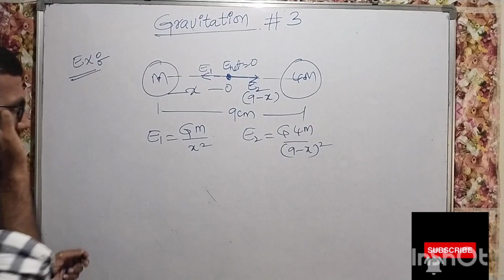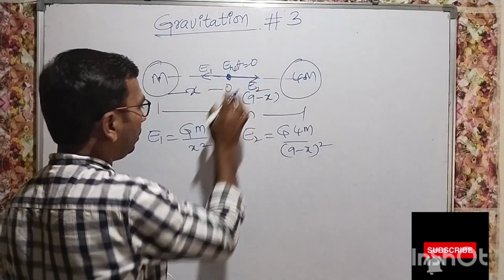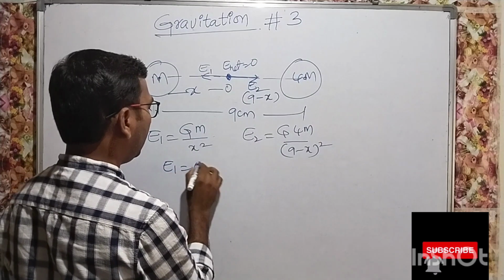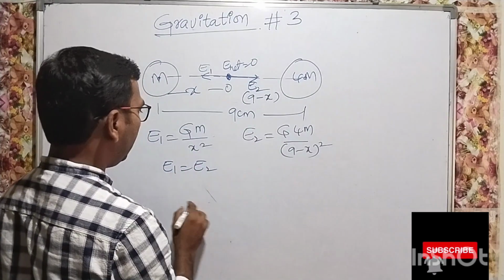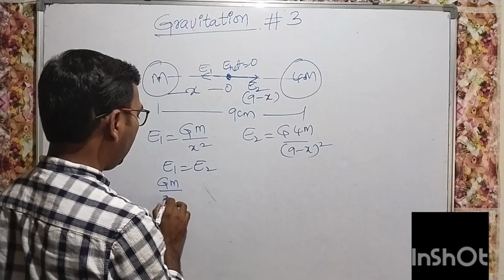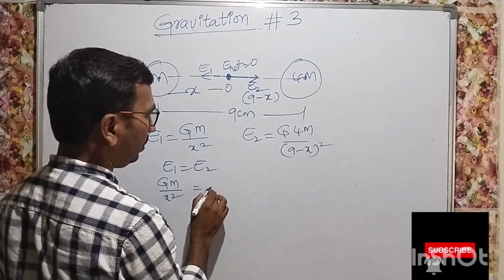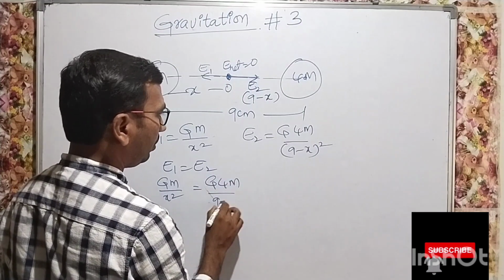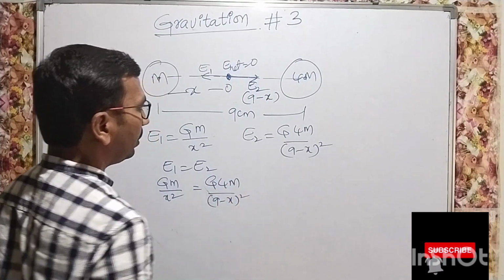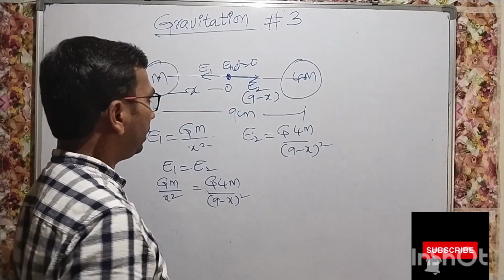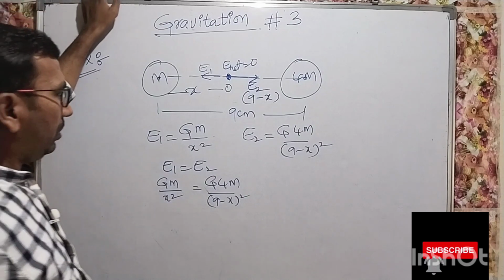Where the net gravitational field becomes 0, these two become equal. So E1 is equal to E2. Equating, capital G m by x square is equal to capital G 4m by 9 minus x whole square.